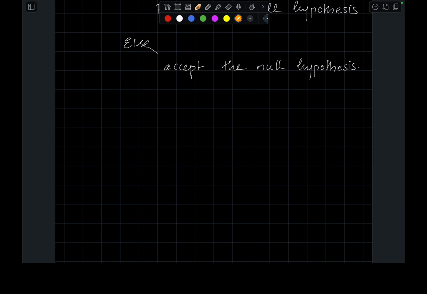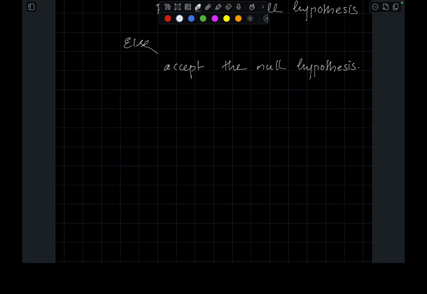So now we discussed the methodology, starting off with the null hypothesis. Then we consider the opposite of the null hypothesis as the alternative hypothesis. Then the third step is to conduct the statistical analysis or test. And the fourth one is to say whether we should accept or reject the null hypothesis.